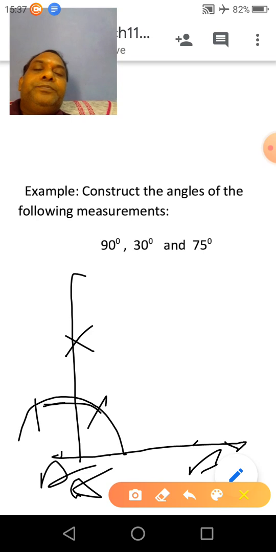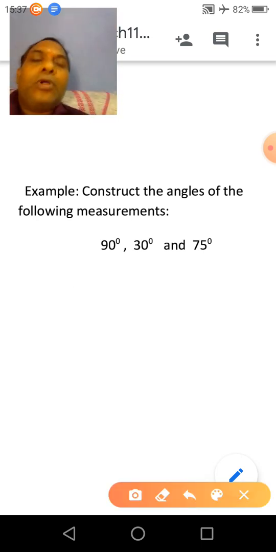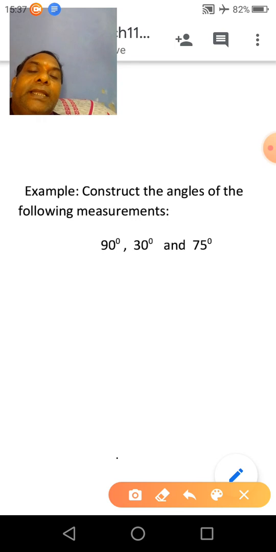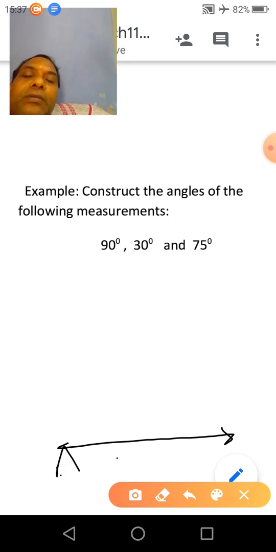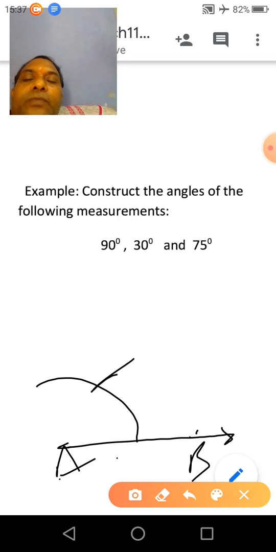Clear? Now 30 degrees. To draw 30 degrees, firstly draw 60 degrees. So with the same arc, cut here, which will be 60 degrees. Clear?